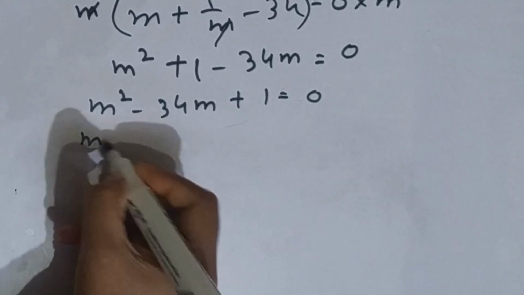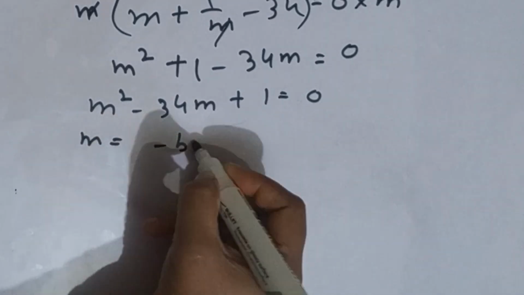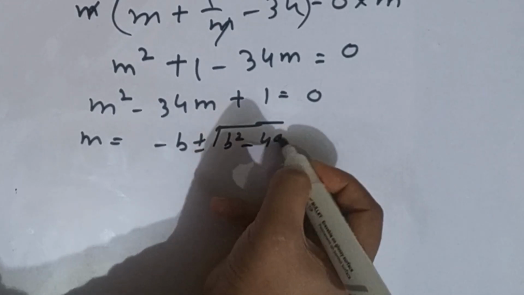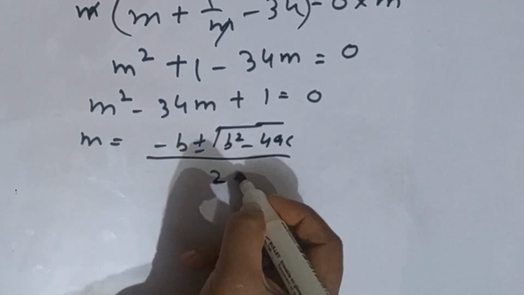The formula is m equals minus b plus or minus the square root of b square minus 4ac, all over 2a.